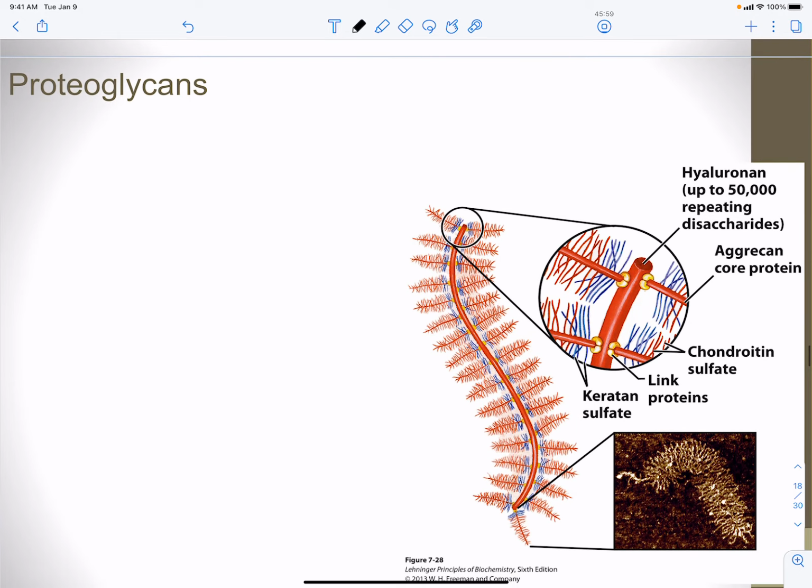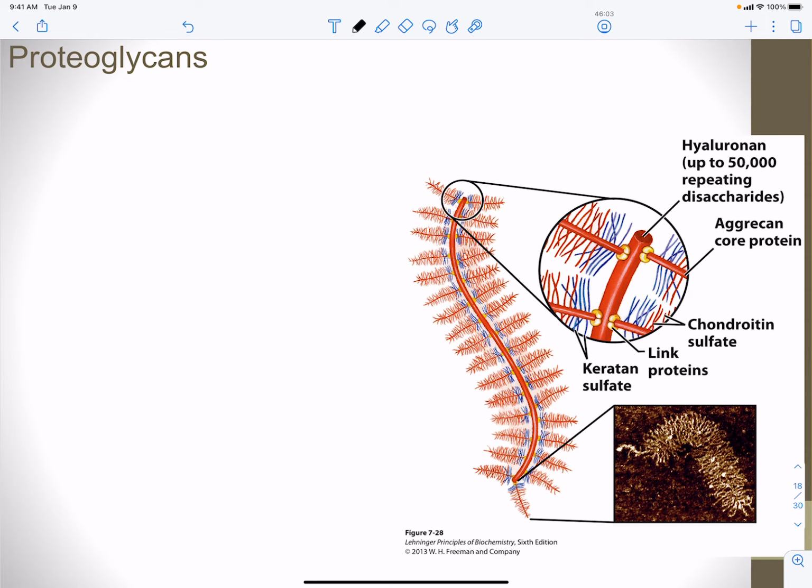And now moving on, we have our bottle brushes, our proteoglycans. These are very important in forming gel-like structures in the extracellular matrix. They consist of the polysaccharides, glycosaminoglycans, linked to a protein core.